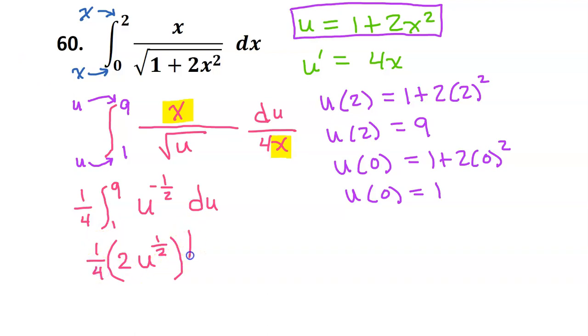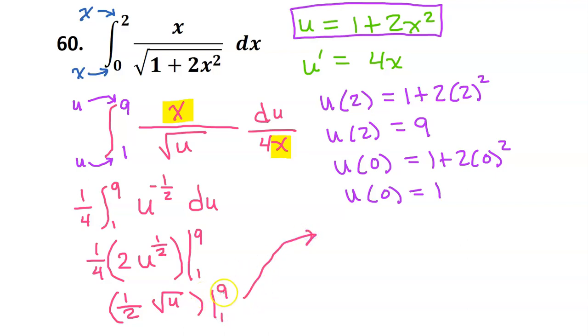And it's time to evaluate at the limits of integration from 1 to 9. Actually, let's go ahead and simplify this a tiny bit. Of course, 1/4 and 2 simplifies down to 1/2. So we actually have 1/2. Maybe I'll go ahead and put the square root of u at this point while I'm at it. So we have 1/2 the square root of u being evaluated from 1 to 9.